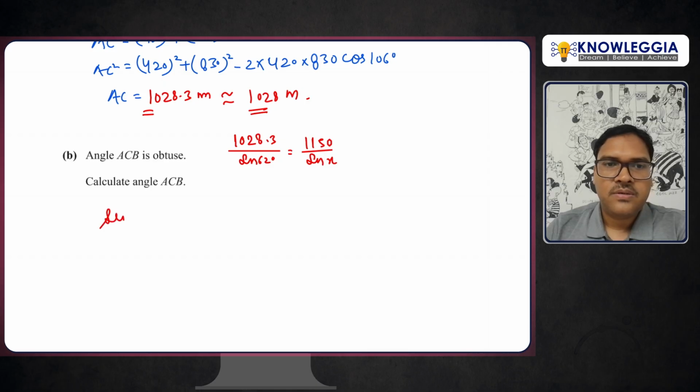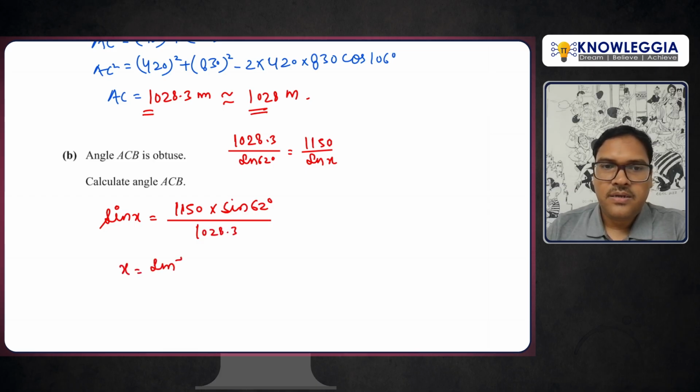Sine x is equal to, cross multiplying, 1150 into sine 62 degrees divided by 1028.3. So x will be sine inverse of 1150 into sine 62 degrees divided by 1028.3. Now again you can use the calculator and see.